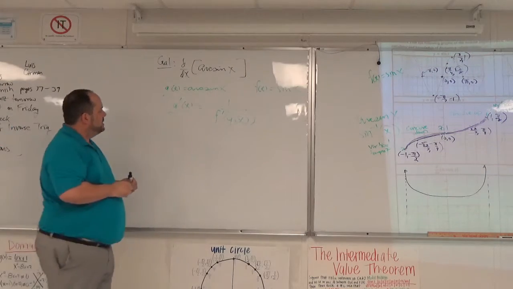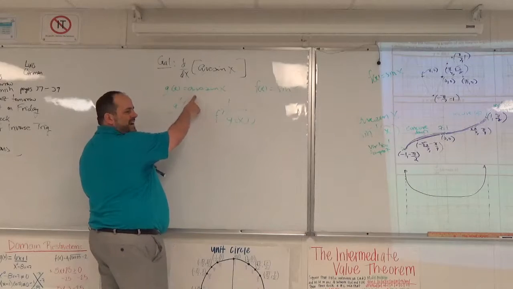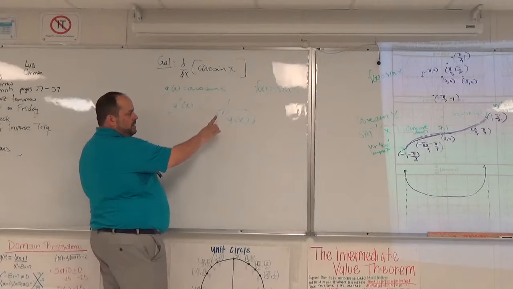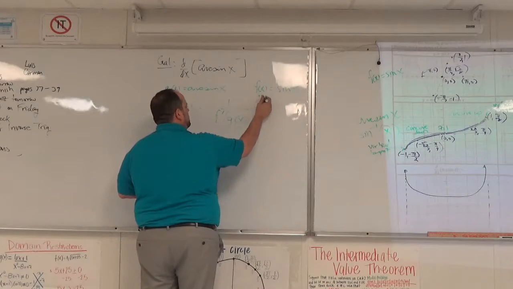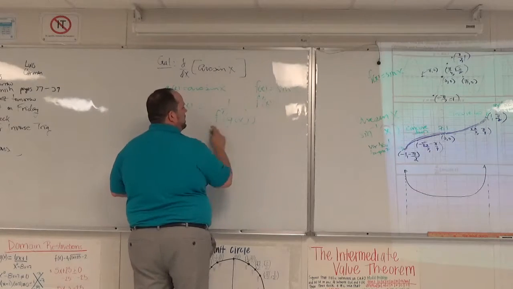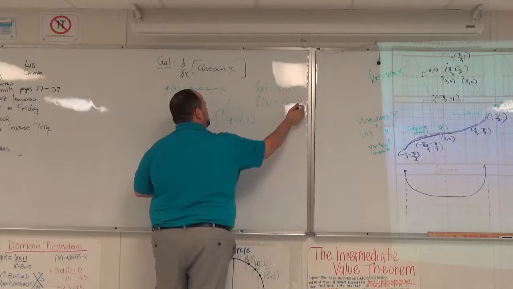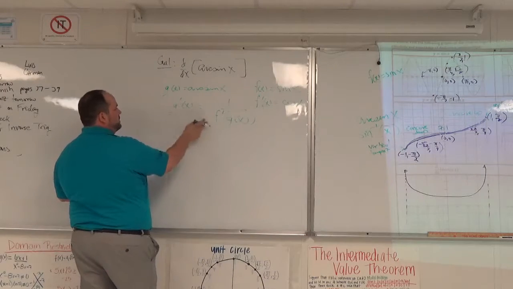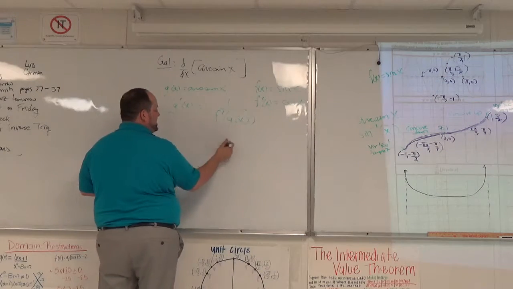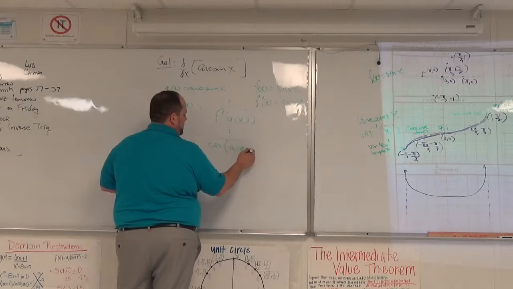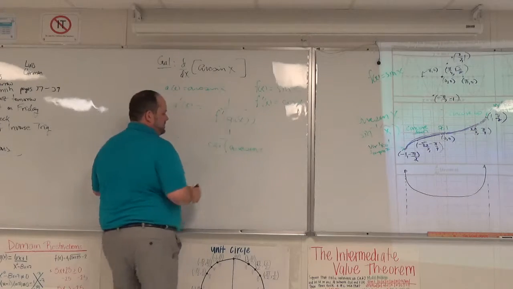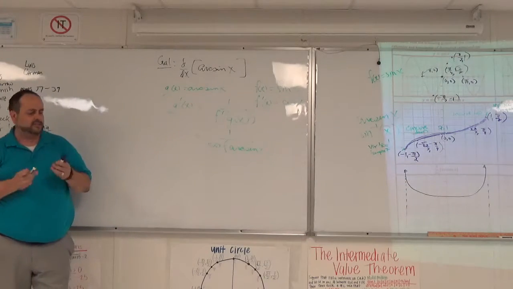G of x is still arc sine, ugly. But f prime we know. What is f prime? F prime is cosine of x. Oh, so if I want to find the derivative of g, it's just 1 over the cosine of arc sine of x. That's the derivative rule.